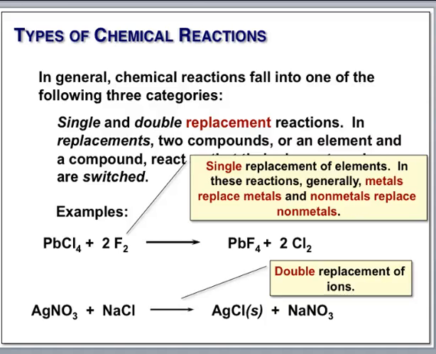Double replacement of ions. Here we're taking two compounds, typically in aqueous solution. They will react so that they simply swap ions. Silver here will pair with chlorine, sodium will pair with nitrate.